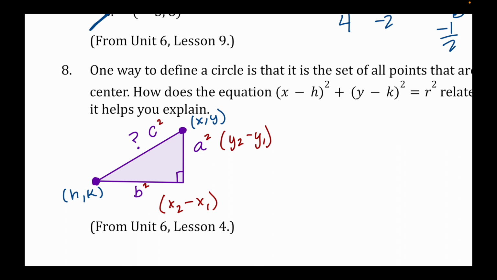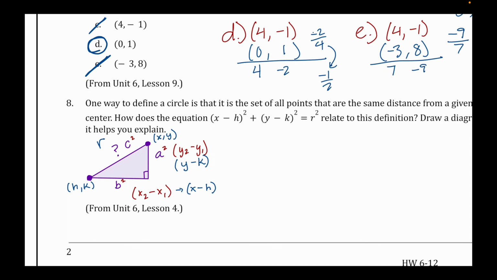And we're always checking, is something a specific distance from the center? So instead of y2 minus y1, this can be y minus k. And instead of x2 minus x1, this can become x minus h. So now we can do some substituting for a squared, b squared, and c squared. If this was a circle, c would be r for our radius.